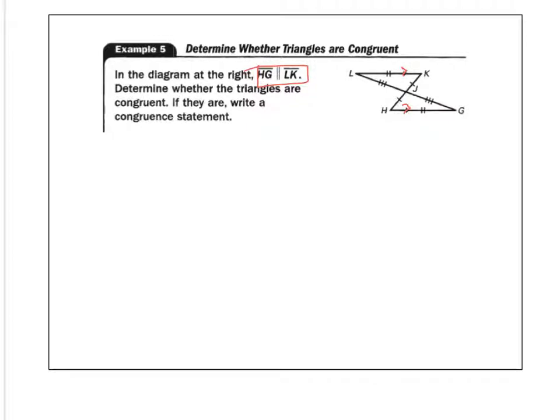So let's see. It seems that it's easier if we start with the sides. I know what's given. KJ is congruent to JH. I know that LK is congruent to GH.